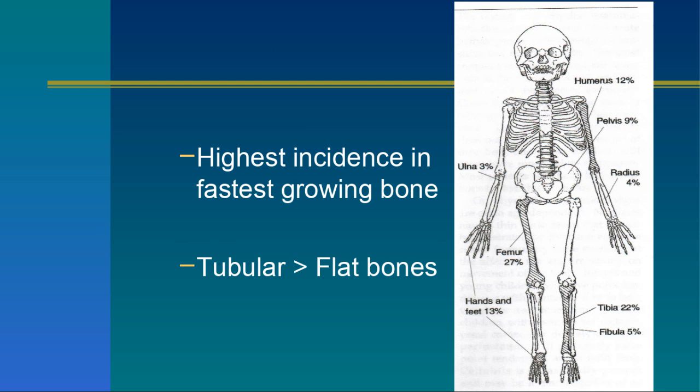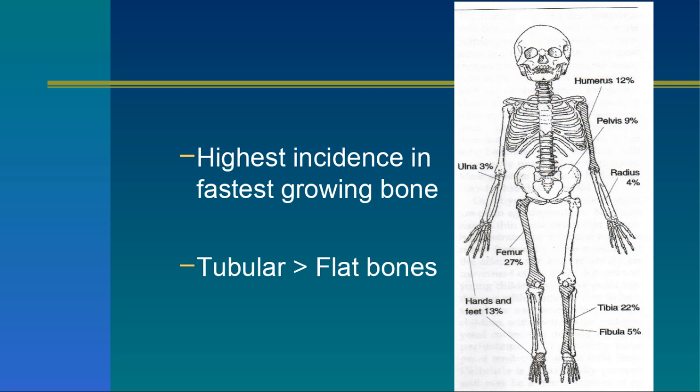Now, if you look at this diagram on the right, you realize that the tubular bones tend to be more infected than the flat bones, and there are reasons for that. If you look at the diagram, you then realize that the lower limbs account for the majority of this condition. So just the femur and the tibia alone would be 49%.